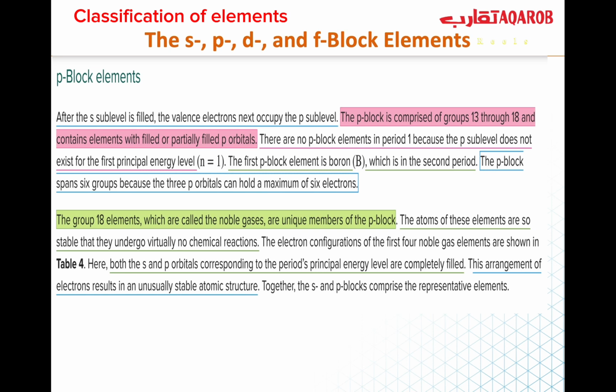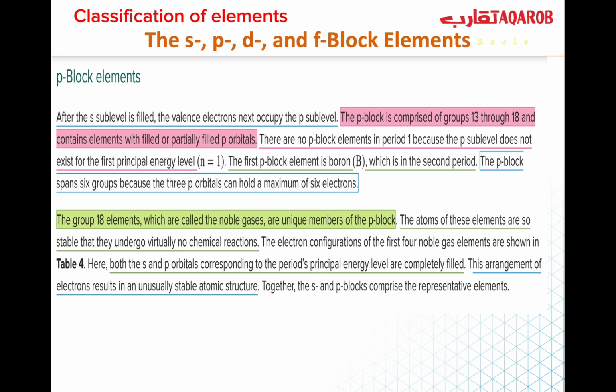There are no p block elements in period 1 because the p sublevel does not exist in the first principal energy level, n equals 1. As we know, the first energy level has only S. So P starts from n equals 2, because in n equals 2 we have S and P sublevels.